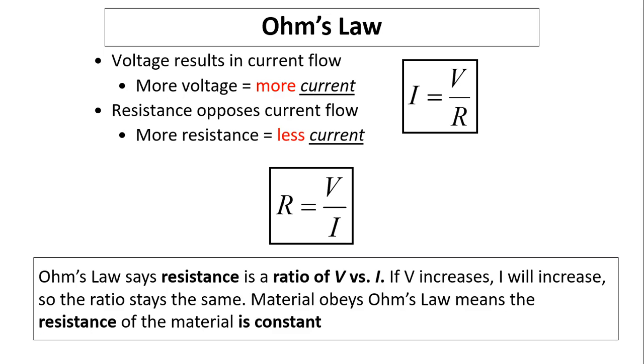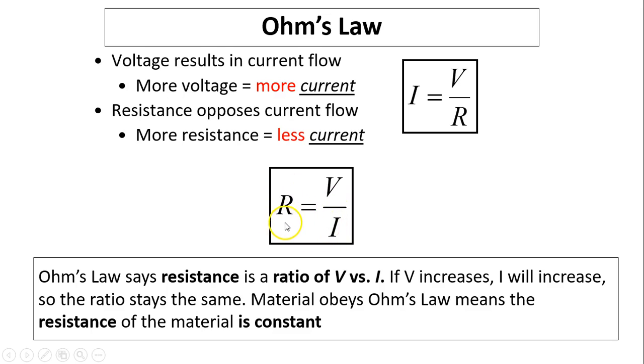Resistance, remember, is determined by the type of material, the length of the wire, and the width of the wire. So resistance is not determined by the current or the voltage across that wire, because it's a ratio of voltage over current. When you increase the voltage, your current also increases, so the ratio does not change.